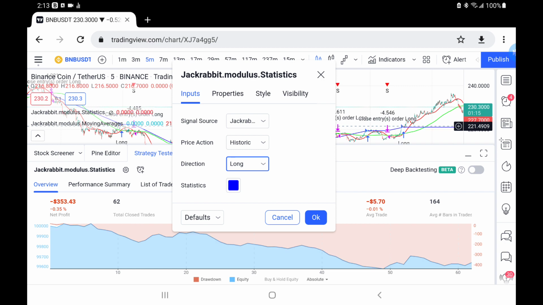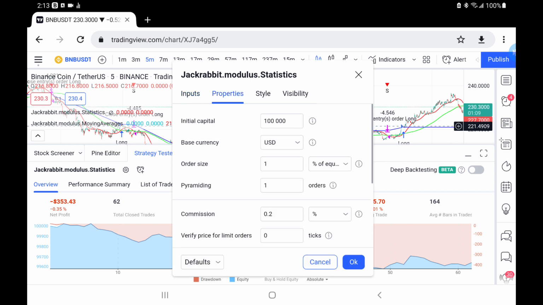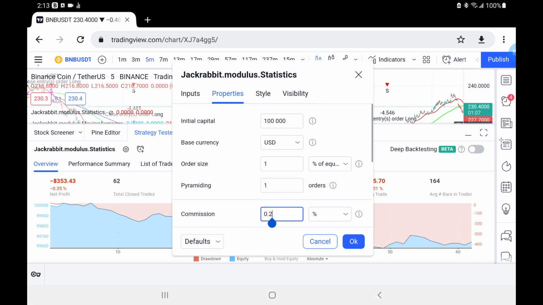The long is worse. And the only difference is our fees. 0.2%, and yet we lost both directions.